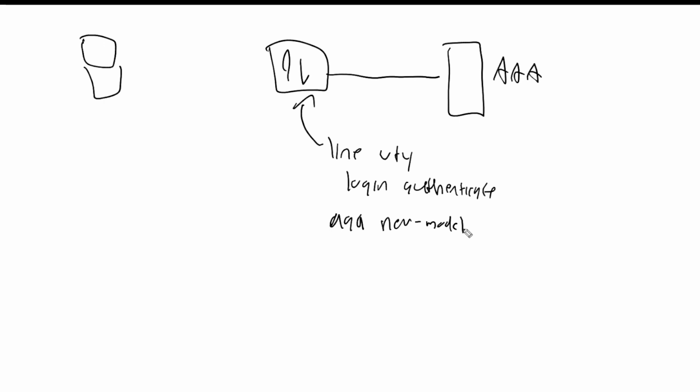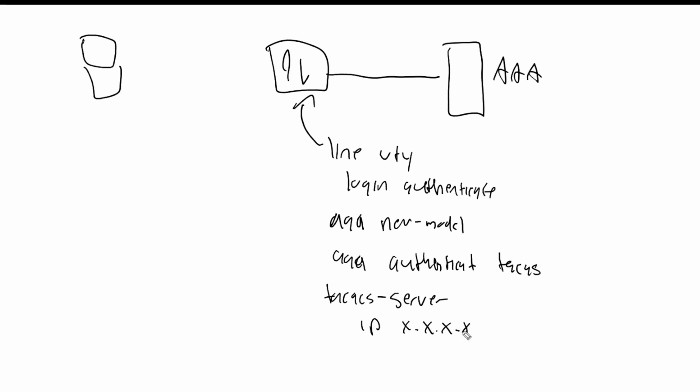And then I don't know the exact syntax, but it's going to be something like AAA authentication to our TACACS server here. And then we'll have something like TACACS server, and then the IP address of that TACACS server. Pseudocode, okay?